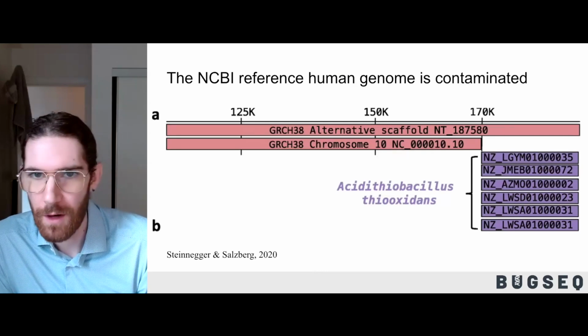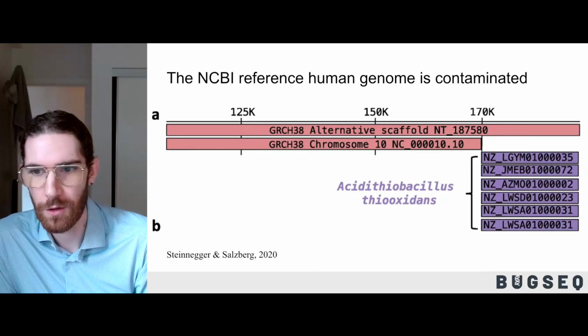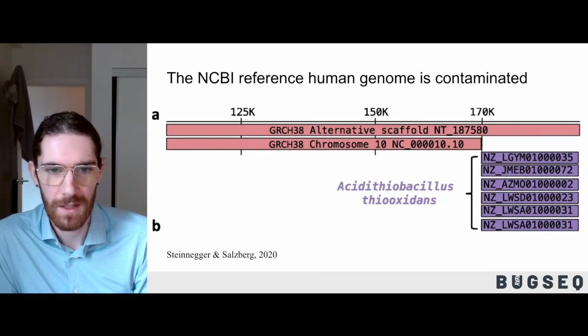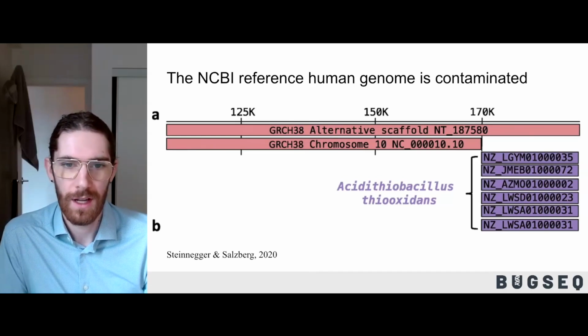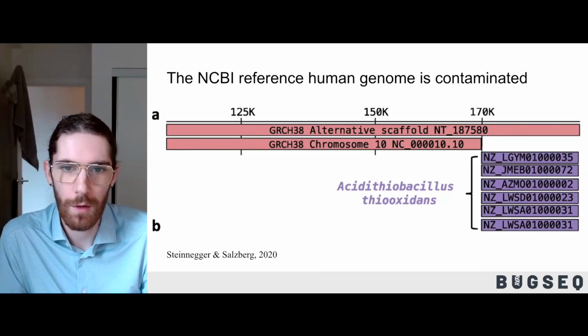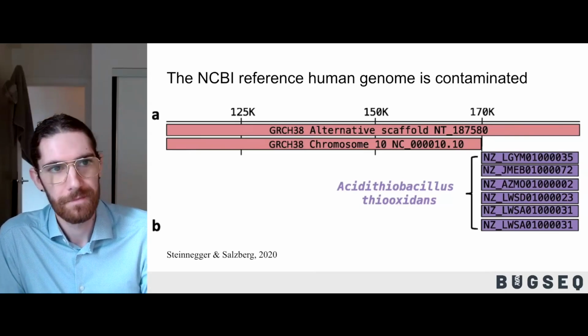Even the human reference genome has been shown to be contaminated with bacterial sequences, which is critical in the context of respiratory metagenomics, where a large proportion of the nucleic acid within any given specimen, even with host depletion, is made up of human reads.